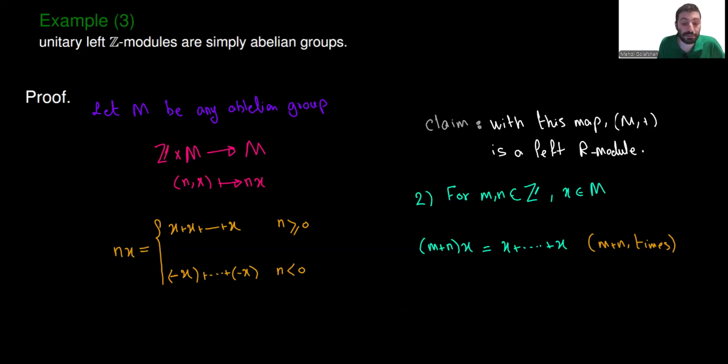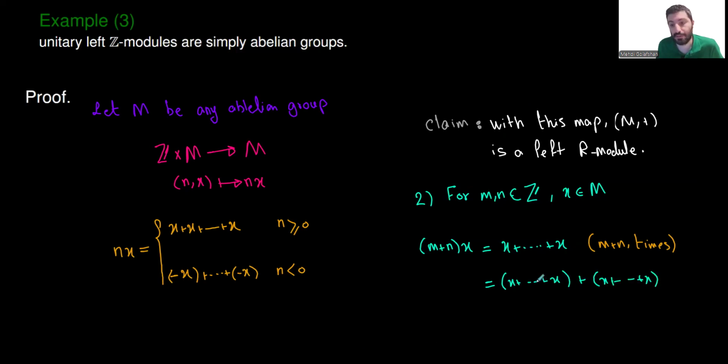Now based on the fact that an abelian group has the associative property, we can separate it into x plus x, m times, plus x plus x, n times.